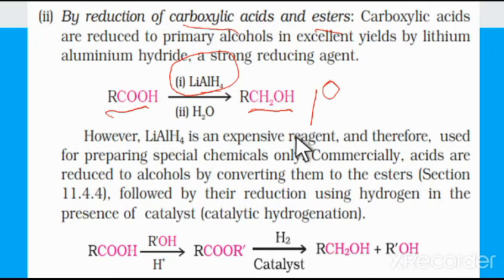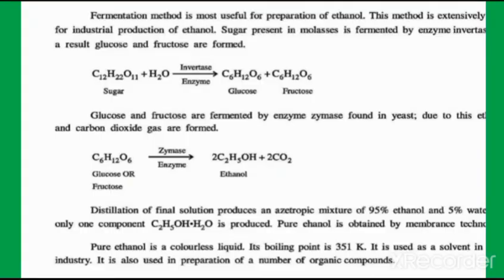In the case of esters, when the esters undergo hydrogenation in the presence of a catalyst, in that case also we can get the alcohols. So this is from the carboxylic acid.